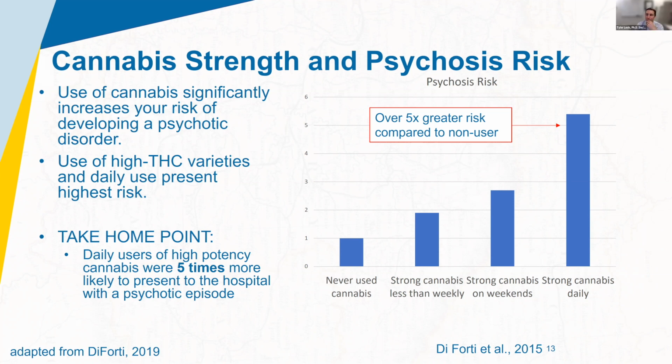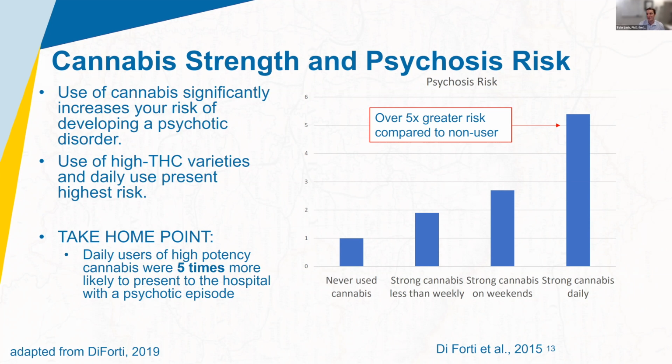Would you say that the majority of weed that is grown now is still genetically modified to be, as you have labeled here, strong cannabis? Well, absolutely. You'll have a harder time finding weak cannabis.